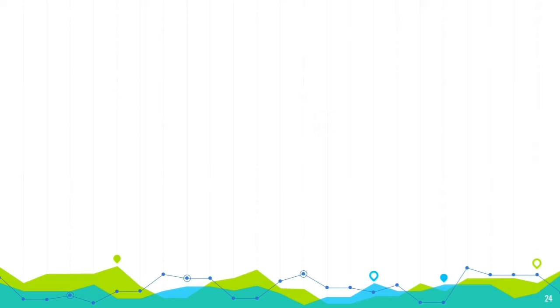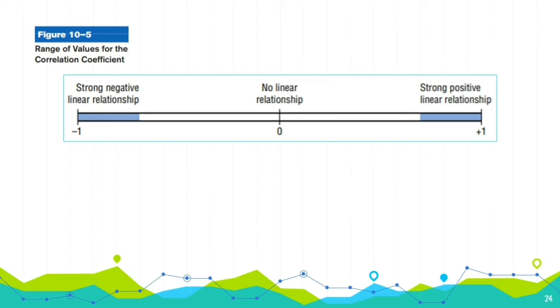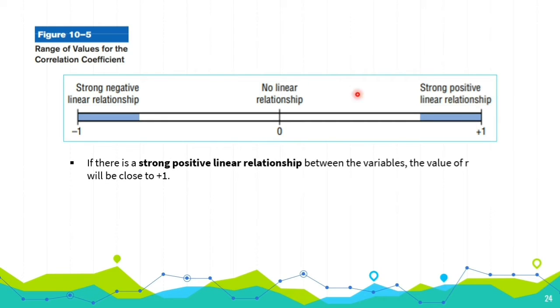Let's see this figure, which shows the range of values for the correlation coefficient. The range of the correlation coefficient is from -1 to +1. We see here that if there is a strong positive linear relationship between the variables, the value of r will be close to +1.